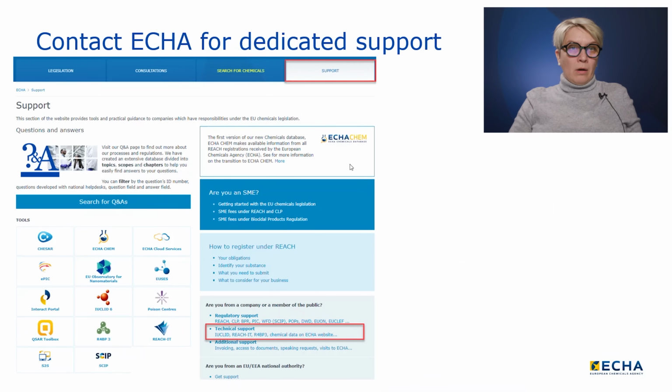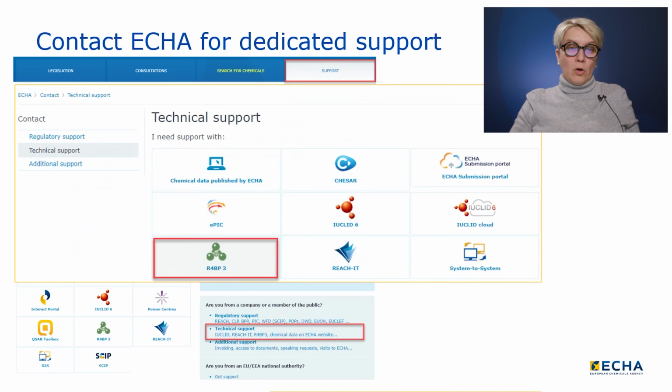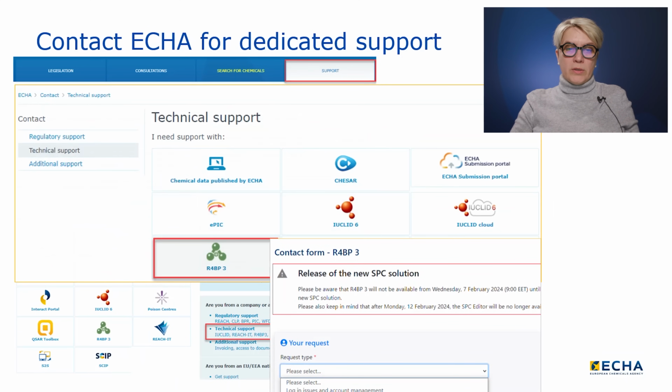How to contact ECHA for dedicated support. Then you need to click on technical support on the ECHA support landing page. On the next page, you have to click on R4BP3, and then you need to define your request type.